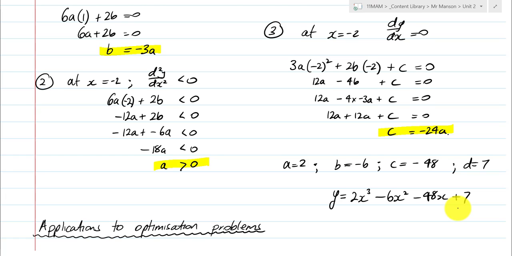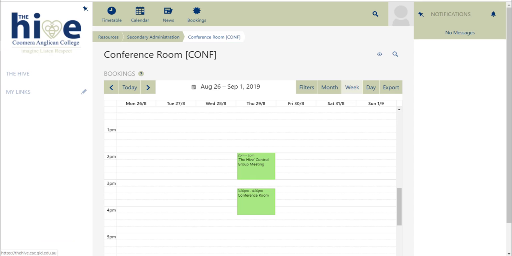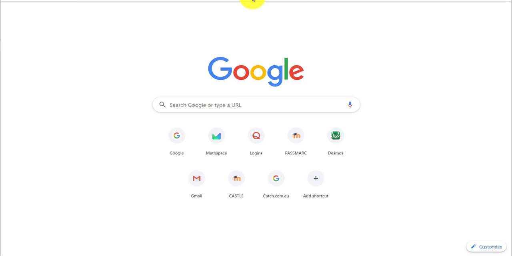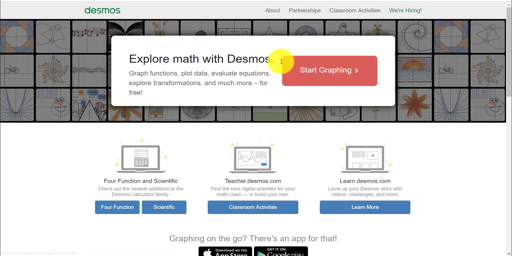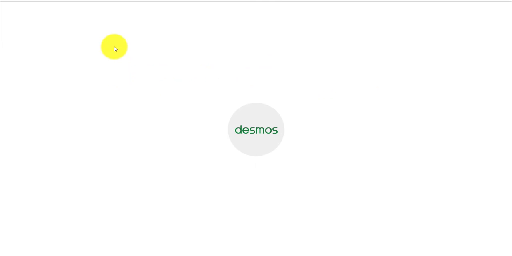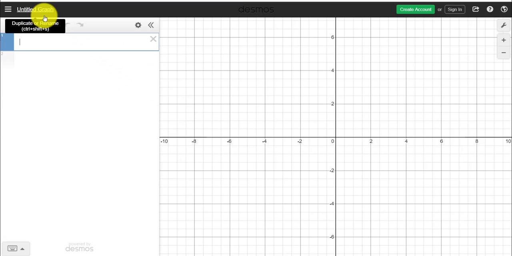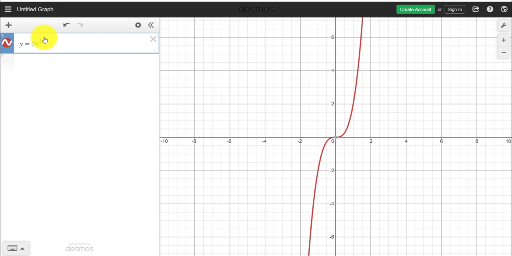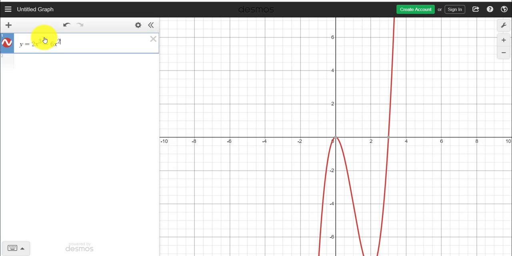And because we're interested, let's really quickly throw that on Desmos. Let's have a quick look at what it looks like. y equals 2x cubed minus 6x squared minus 48x plus 7.